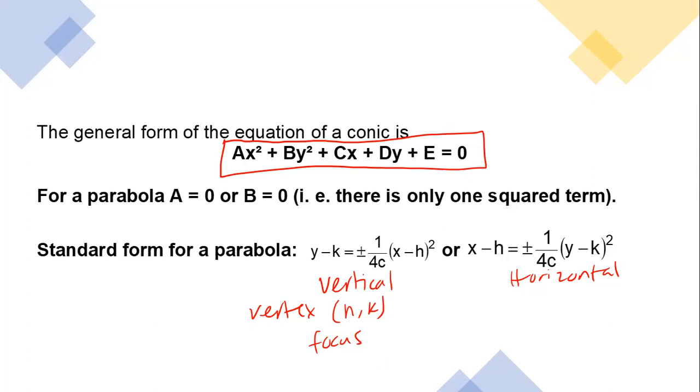So you have to have that C distance. And how do we find it? So your focus is what? It's H, comma, K plus C. It's plus C, right?